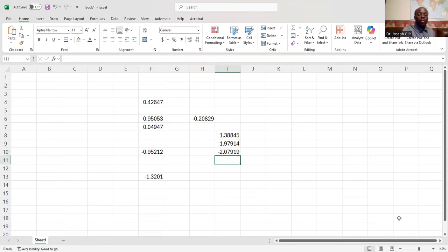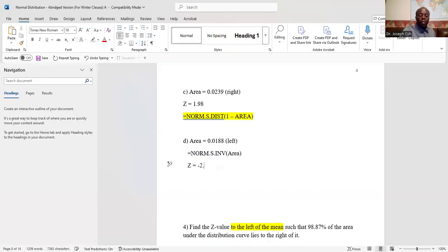We get negative 2.08. Okay. This is negative 2.08.